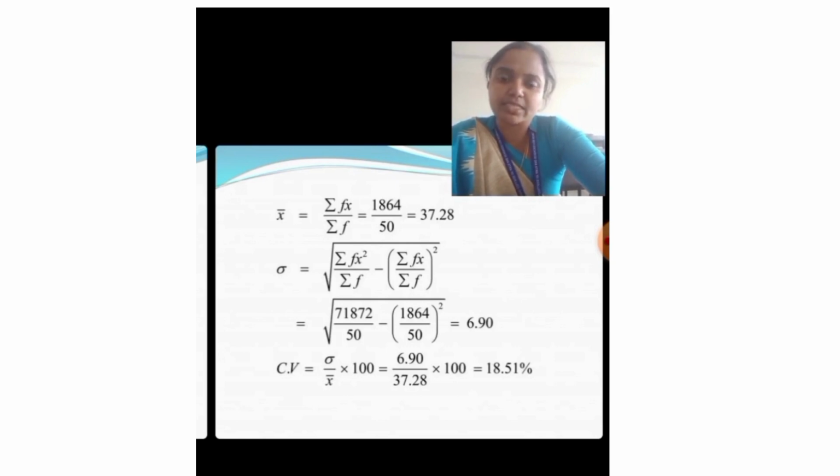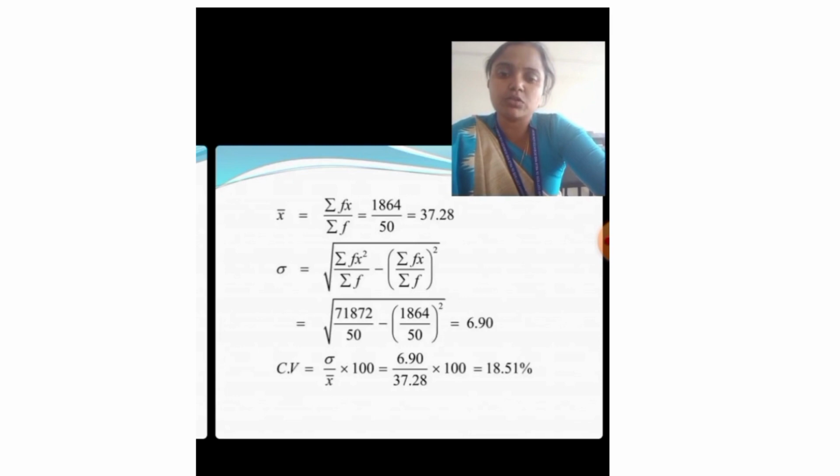For standard deviation the formula is root of summation f x square divided by summation f, minus summation fx divided by summation f, whole square. Substituting summation fx square as 71872, summation f as 50 and summation fx as 1864, we get 6.90.